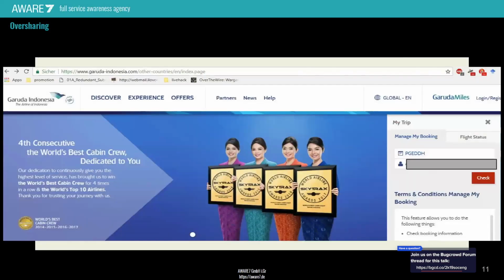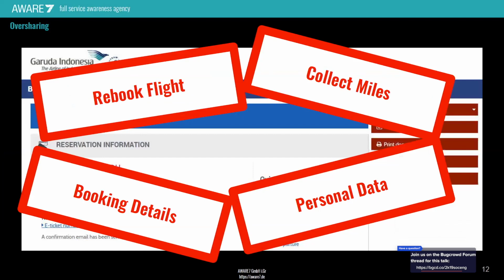And then you can log into the airline and see what data was used to actually book this ticket. You can see booking details, like details on how the ticket was purchased, what's the address, maybe the workplace address or the private address.